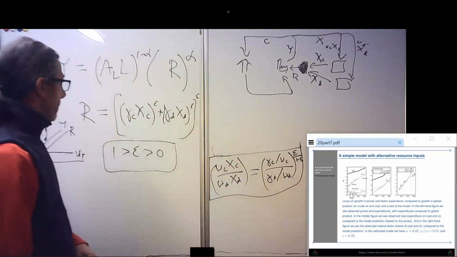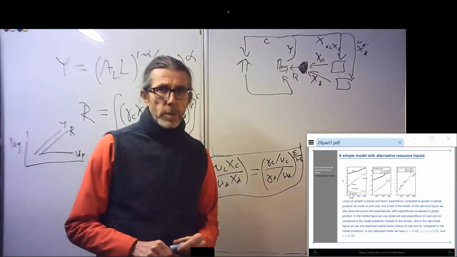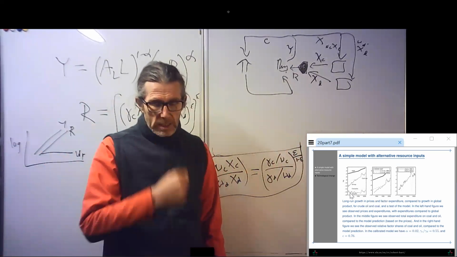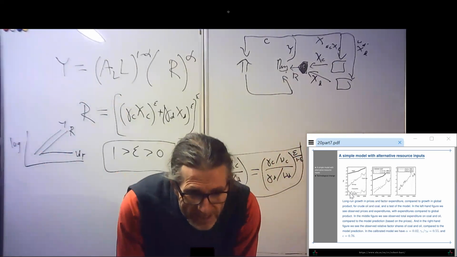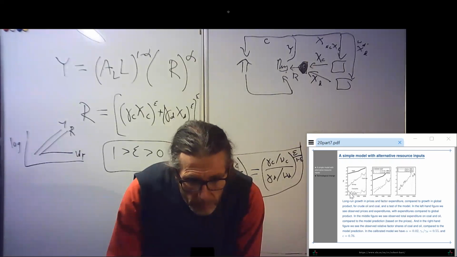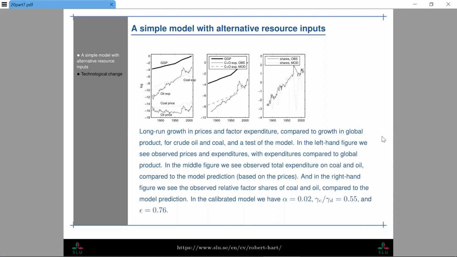Okay, so that's basically where we got to, but now let's put it into a bit of context. Now we're going to look at some data. Let me see here. I'm going to have to maximize this. What have we got? We've got coal and oil.